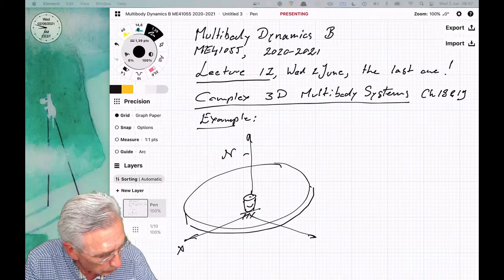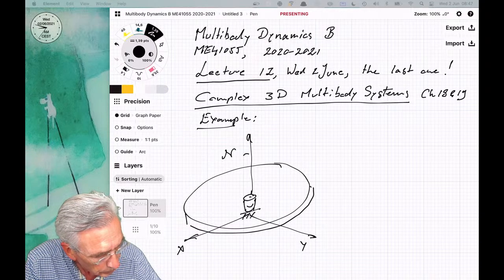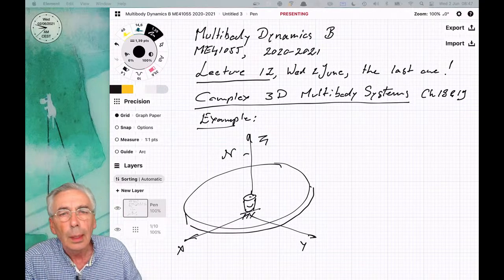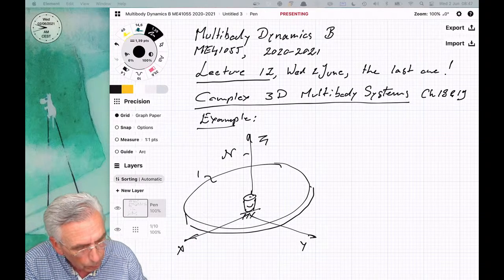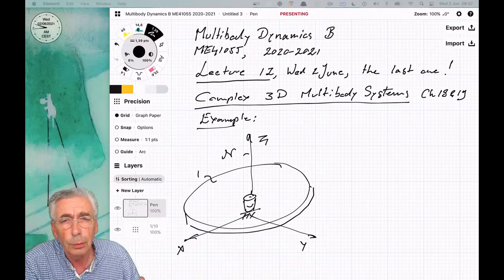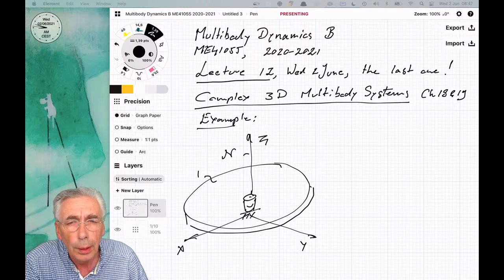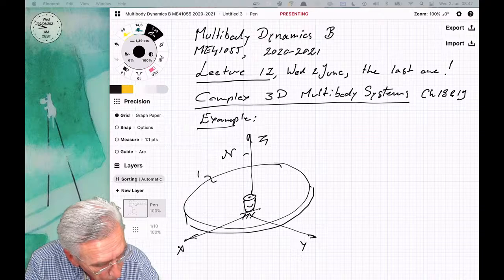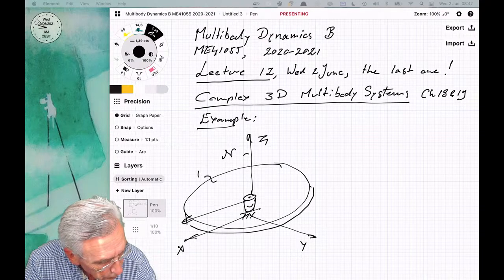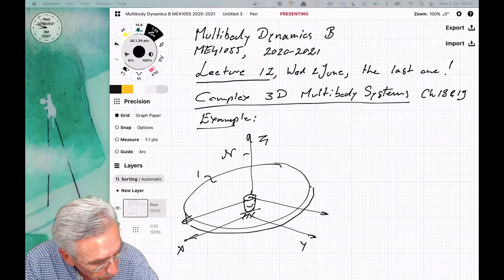And we call it X, Y, and Z. Then this body, which we can give number 1, has of course a body-fixed triad, and since the body is mounted here, this is the second coordinate system.